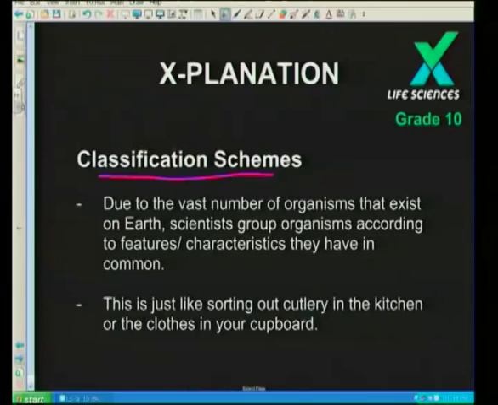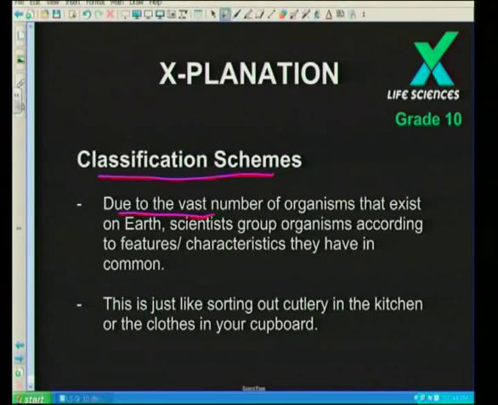In the very same way, for example, if you take your clothes into your cupboard, you need to sort them out into different categories. The cutlery in a kitchen, you need to sort them out into different categories in order for you to locate and find them easily. Let's look at the classification scheme.